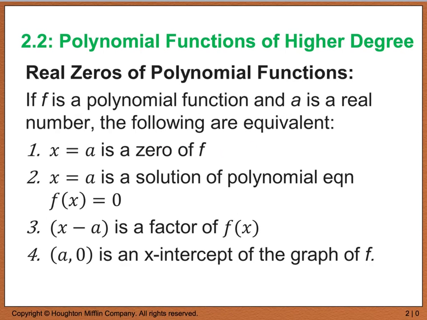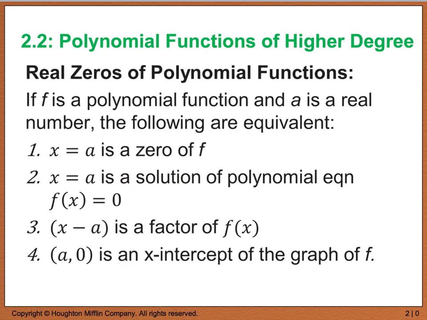Now, if we have real zeros of polynomial functions, then all 4 of these statements here are equivalent. Okay, we can say that x equals a is a zero of our function. We can also say x equals a is a solution of the polynomial, because remember, a zero is the same thing as a solution, which is the same thing as an x-intercept, which is the same thing as a root of a function.